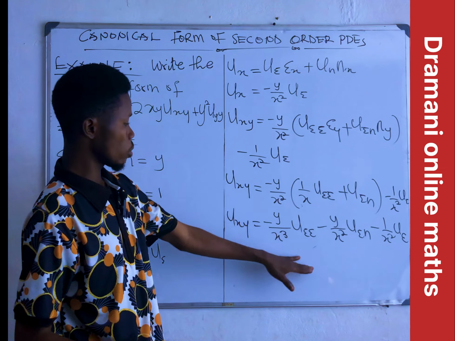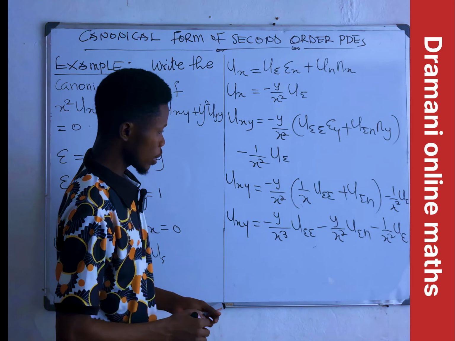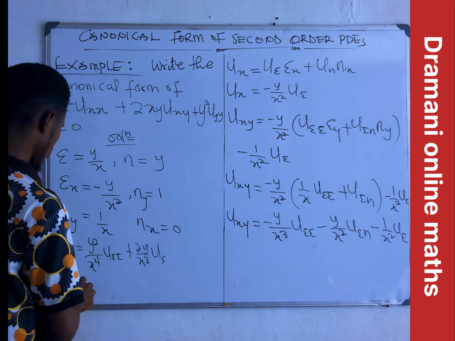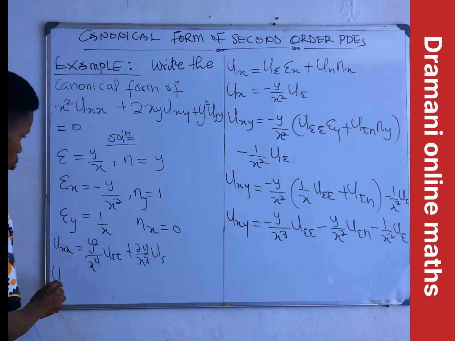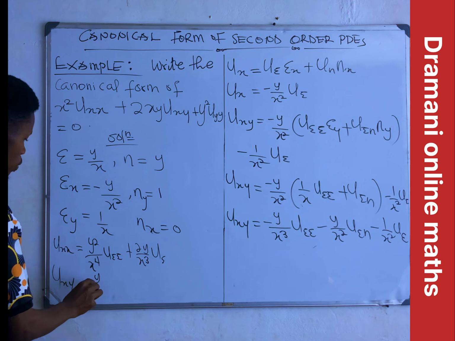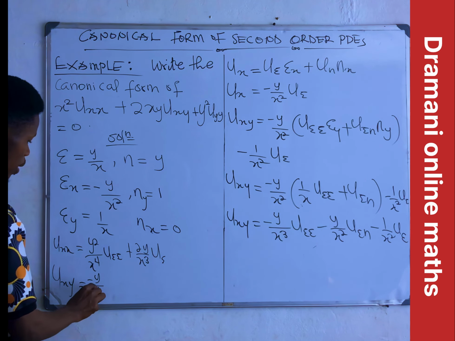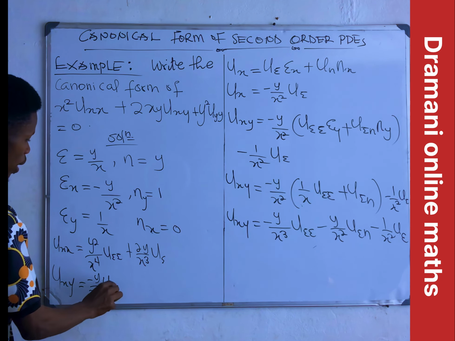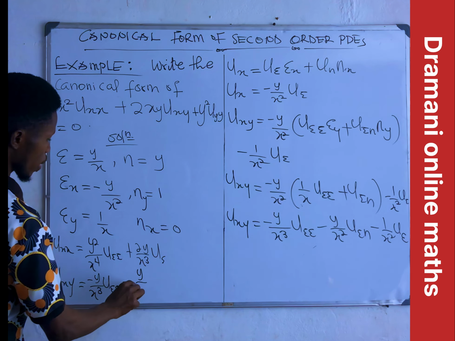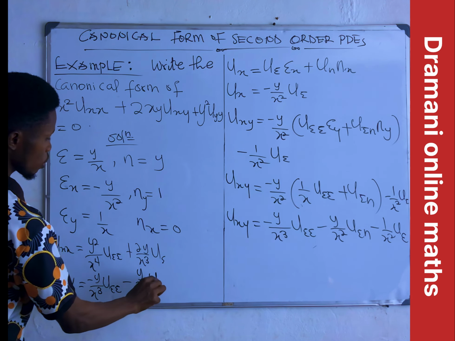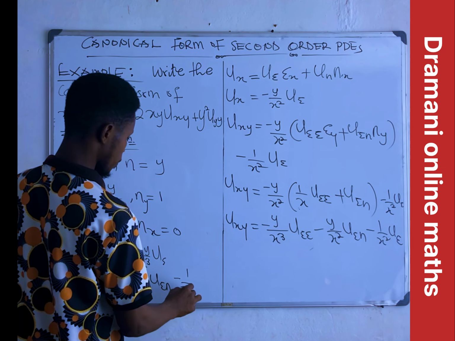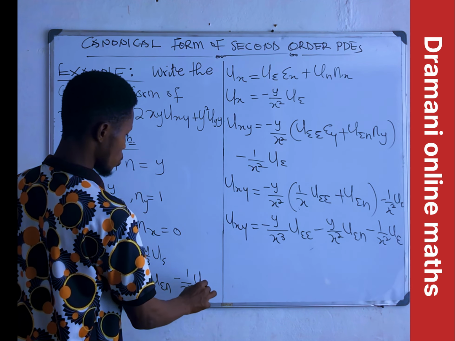Okay, so this is what you are going to get. Is there any like terms there? There's no like term. So it means that my uxy, let me write it here because I'm going to use it: negative y over x cubed u xi xi minus y over x squared u xi eta minus 1 over x squared u xi.